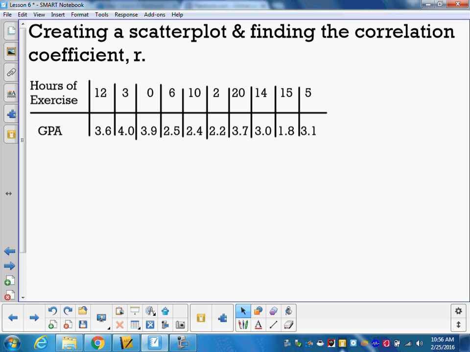We're going to create a scatterplot, and we're going to find R, the correlation coefficient. So the first thing we're going to do is put the x values, the explanatory variable, in one list, and the y values, the GPA, in another list. So we need to have two lists. So we have two different variables. So go scat, edit, and put that stuff into the two lists.